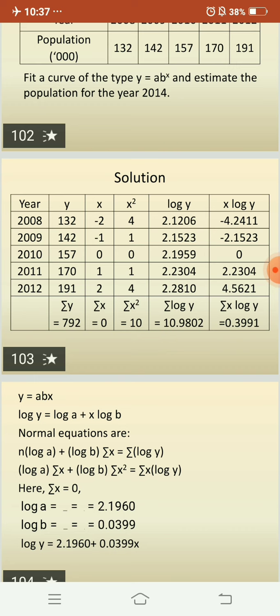First consider the middlemost value, that is 2010, and subtract 2010 from all years. 2010 minus 2010 gives 0. Subtracting from all years, you get minus 2, minus 1, 0, 1, 2.